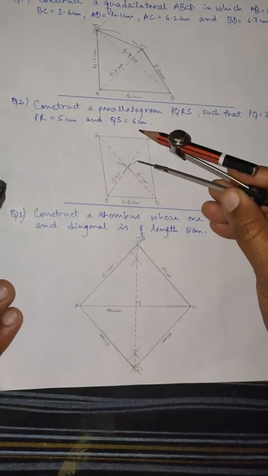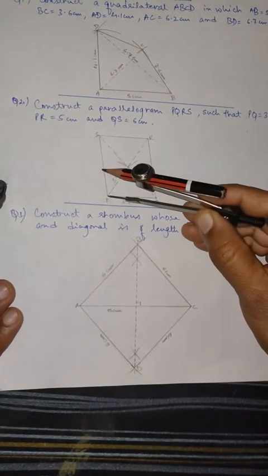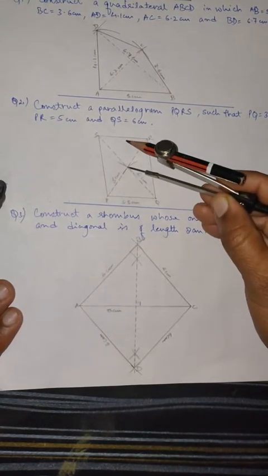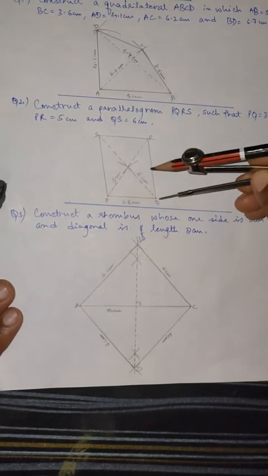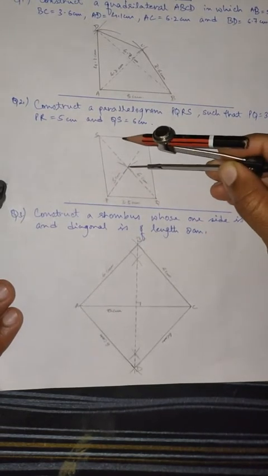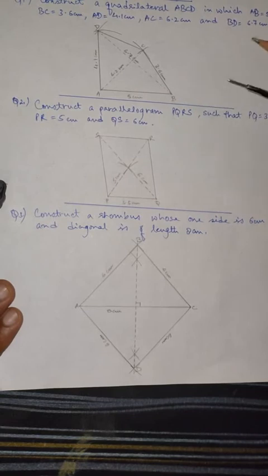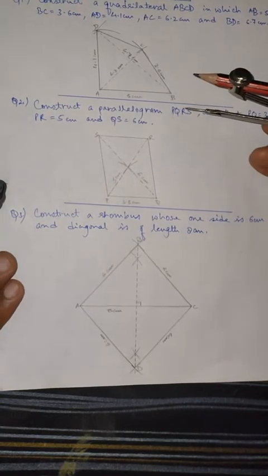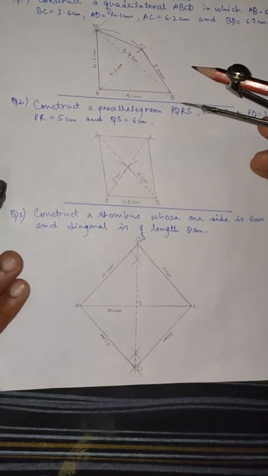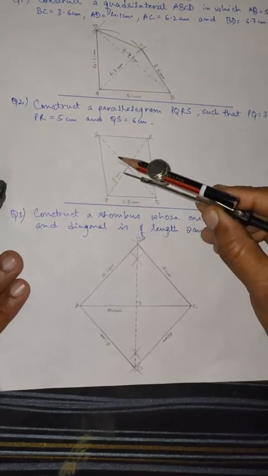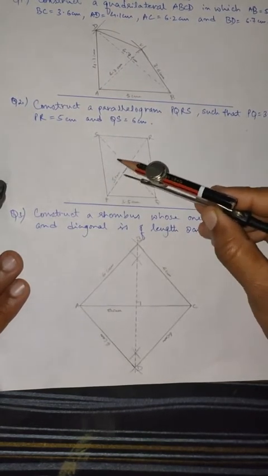So in this way, this length from P till this point is 2.5 centimeter and this length from Q till this point is 3 centimeter. Now as I told you, because in a parallelogram the diagonals bisect each other, this is just the half part of the diagonal that I've drawn as 2.5 centimeter.